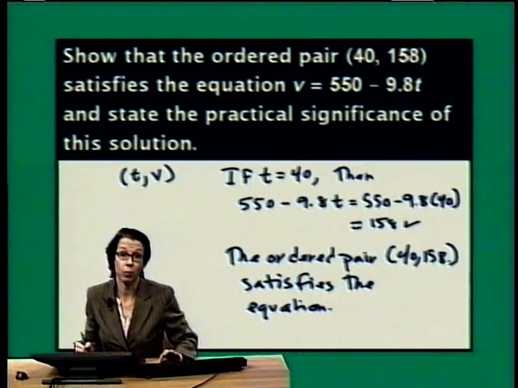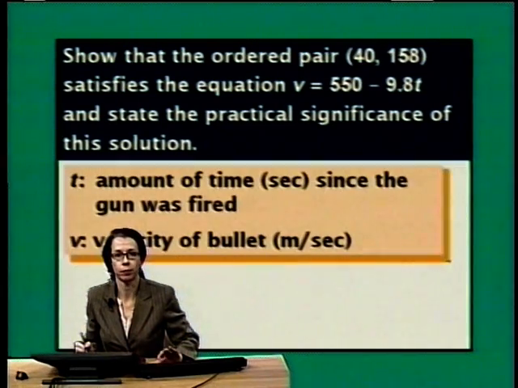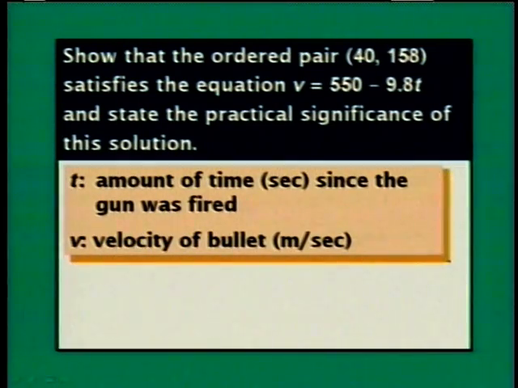Now let's think about the practical significance of this point. Just a reminder of how the variables were defined. t was the amount of time in seconds since the gun was fired. v is the velocity of the bullet in meters per second. So 40 seconds after the gun was fired, we know how fast it was traveling.